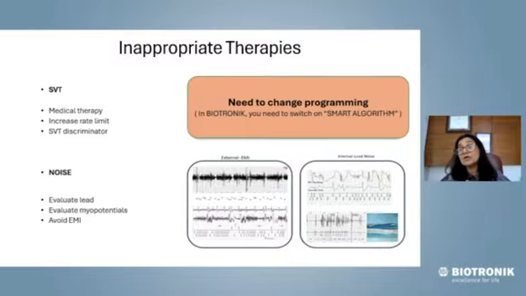In Biotronik, you need to switch on the SMART algorithm, which allows you to distinguish whether this tachyarrhythmia is a VT or an atrial fibrillation by certain elements, like, for example, the stability of the rate. If the rate is very irregular, it tells you it could be atrial fibrillation. Then it looks at the morphology criteria. Is the morphology more like a sinus? It will say, wait. Or is the morphology unlike a sinus?